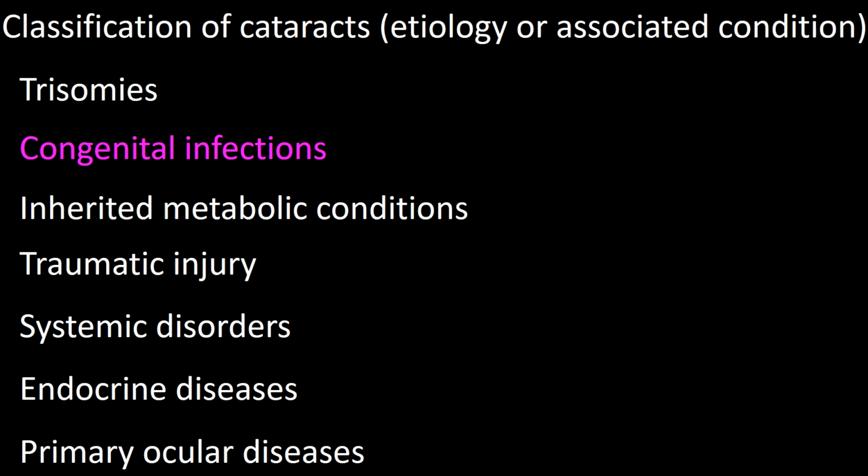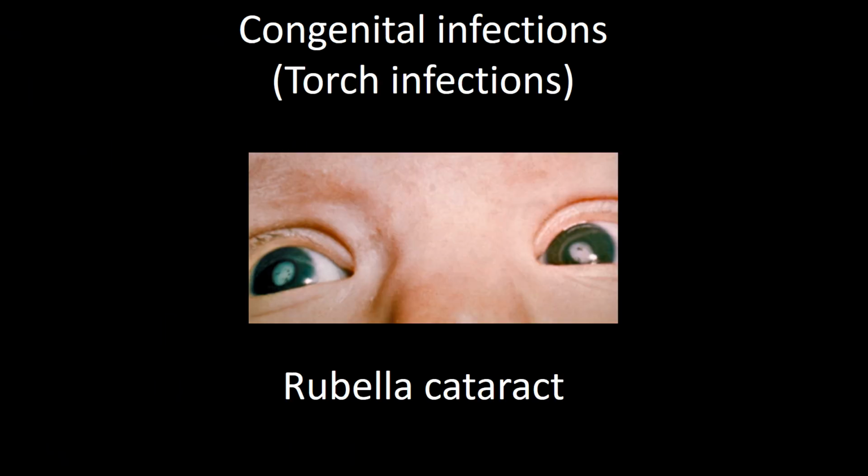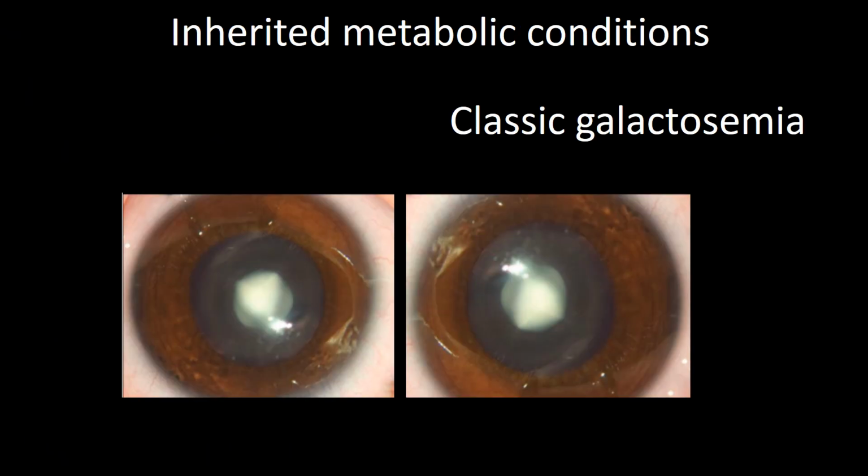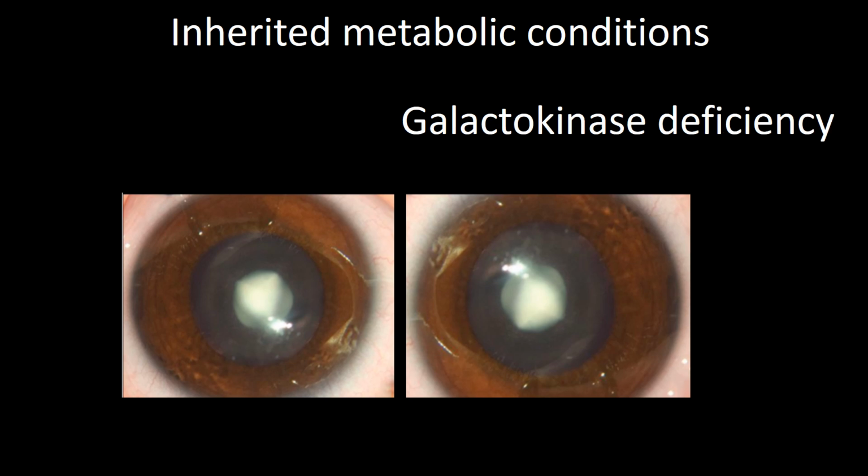Congenital infections are also associated with cataracts. Congenital infections associated with cataracts include all TORCH infections, but especially rubella. Inherited metabolic conditions associated with cataracts are classic galactosemia and galactokinase deficiency.